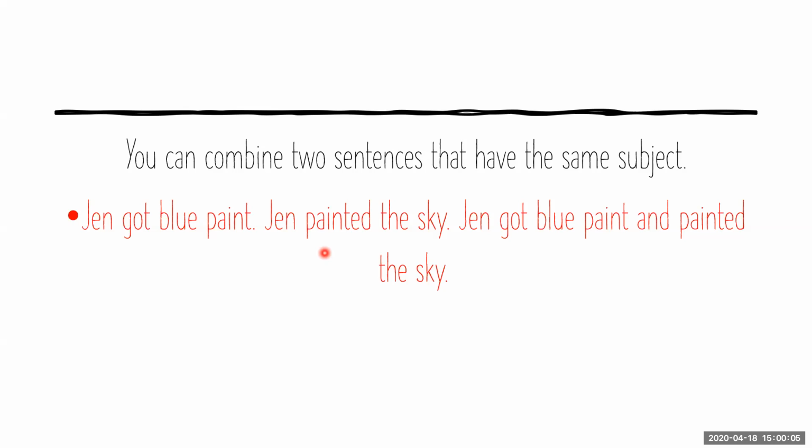So that is basically how we combine sentences using a conjunction. The conjunctions are and, but, and or, right? Those three conjunctions. And the first part was basically joining two sentences because they have the same topic. And then the second one is basically joining two sentences because we're speaking about the same subject.